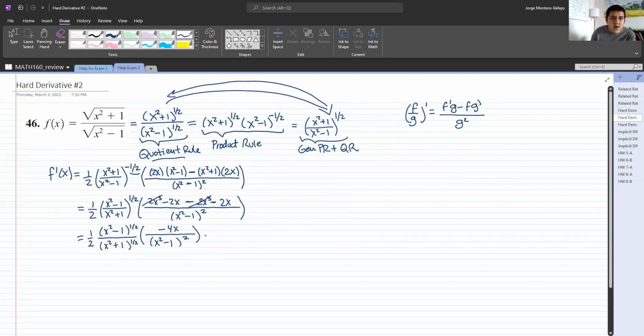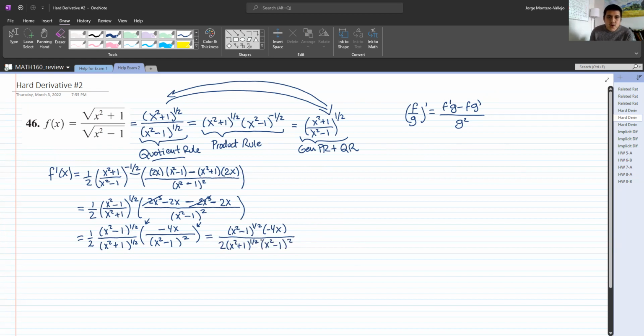Now I will rewrite everything here, getting rid of this big parentheses and multiplying everything out. So 1 times this is just that. So x squared minus 1 raised to 1/2, and then times minus 4x divided by 2 times x squared plus 1 raised to 1/2, and then I have x squared minus 1 raised to 2.